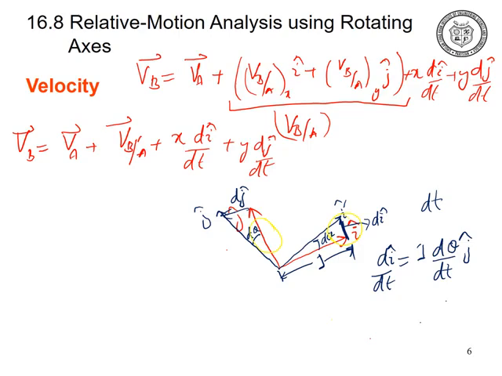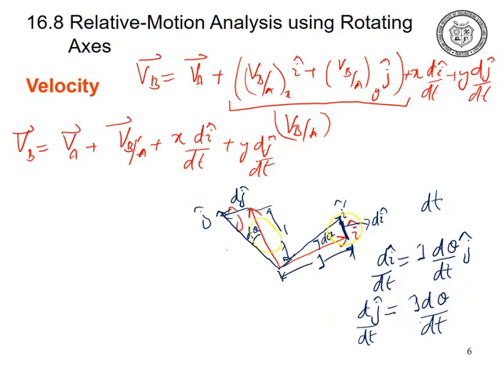Similarly, what is dj? dj equal to the magnitude of the unit vector j, which is 1, as j and i are unit vectors, so it becomes 1 times d theta, again dividing by dt. On one side you have a vector, on the other side you have a scalar, so we multiply by a vector to have the same dimension on both sides of the equation.